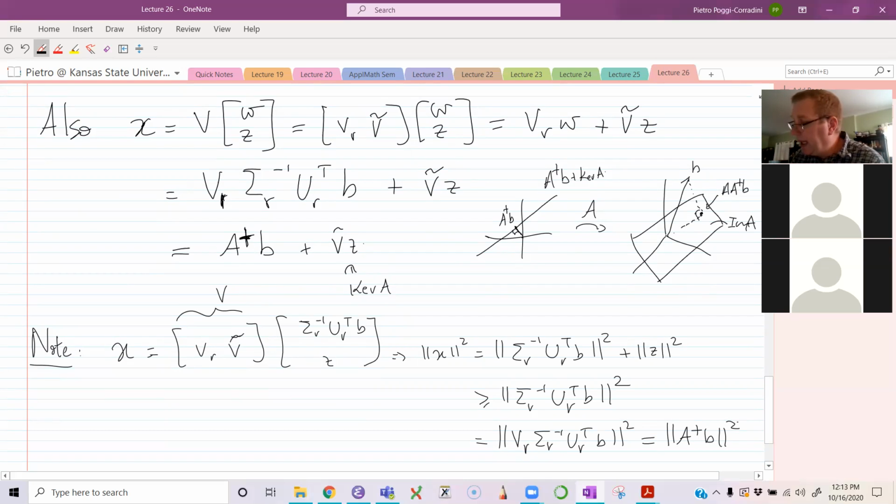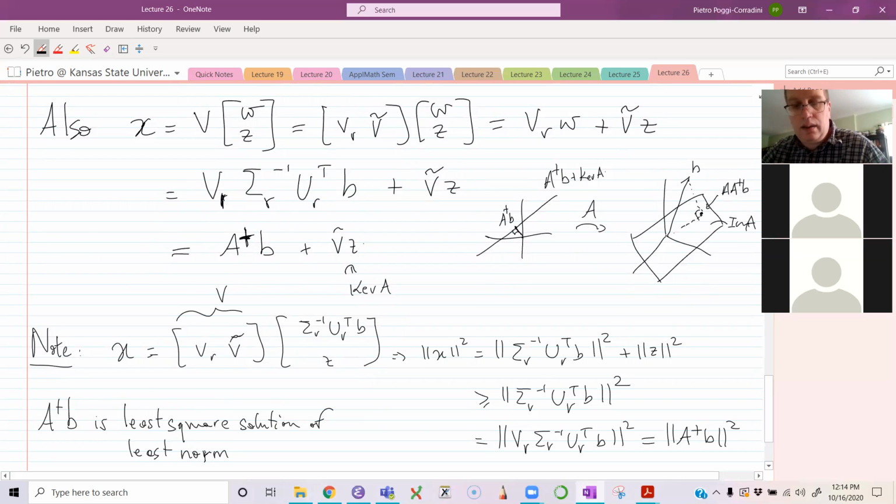So that shows that out of all the least squares solutions, A plus B is the one of least norm. All right, does that make sense?